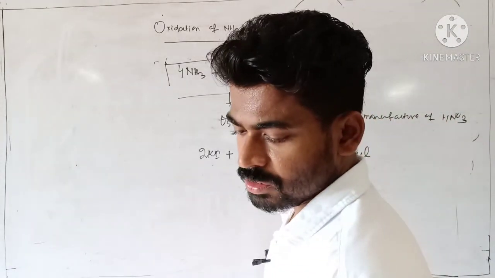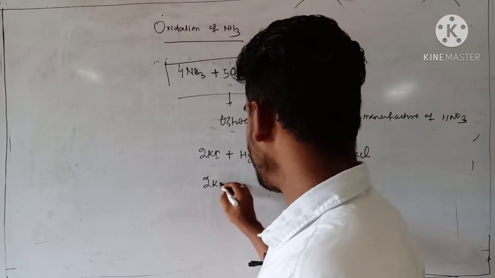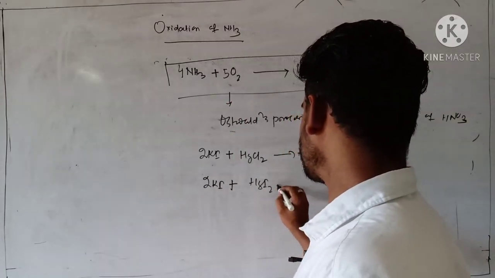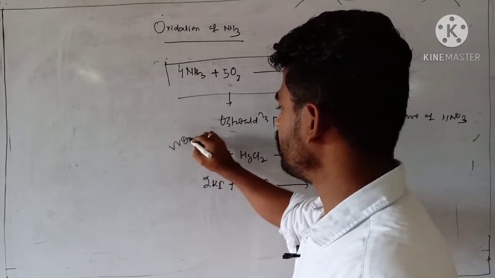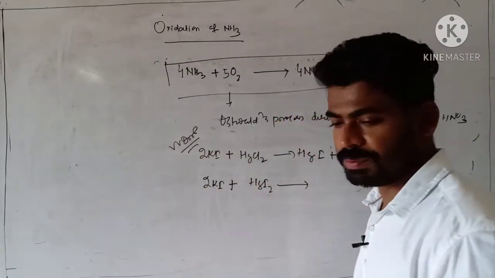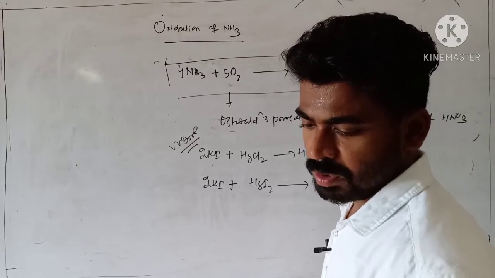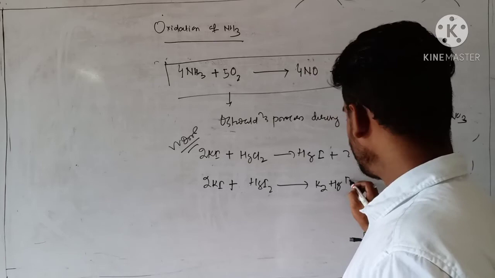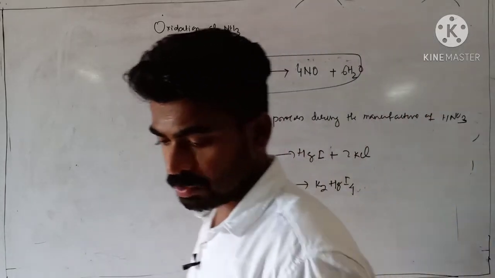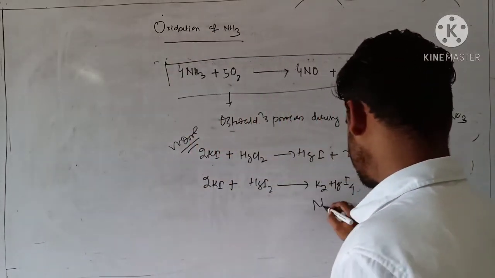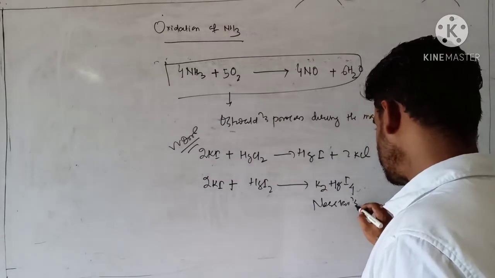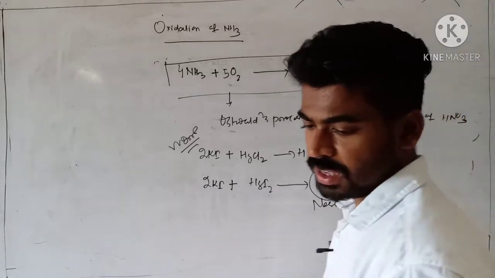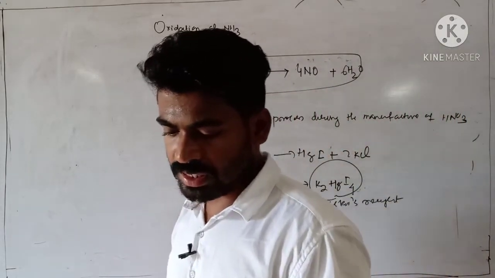Next, 2KI plus HgI2, you have to remember these equations, very important from the examination point of view, gives you K2HgI4. This is called Nessler's reagent, K2HgI4. Let us discuss its reaction with ammonia.